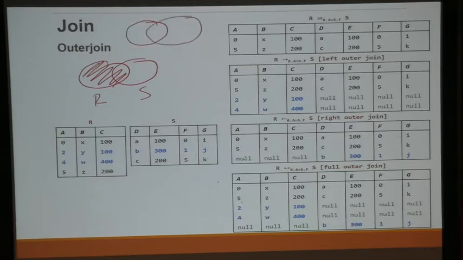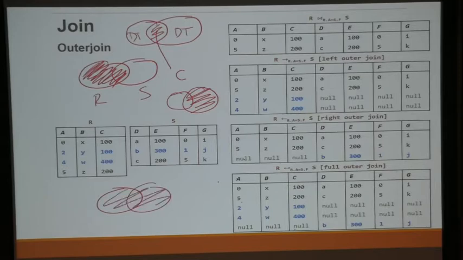This middle part is everything that satisfies the condition C. This one is the dangling tuple from the left relation, and this one is a dangling tuple from the right relation. Left outer join preserves the dangling tuple from the left. Right outer join preserves the dangling tuple from here. Full outer join preserves the dangling tuples from both. So that's what the diagram meant.